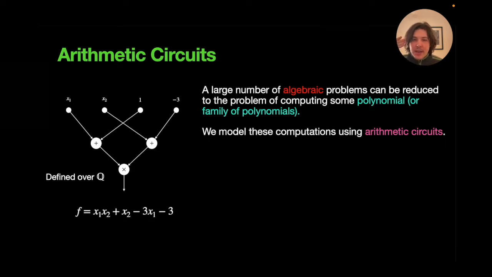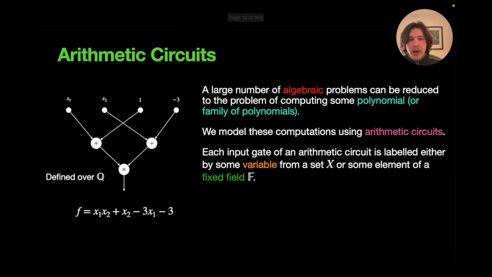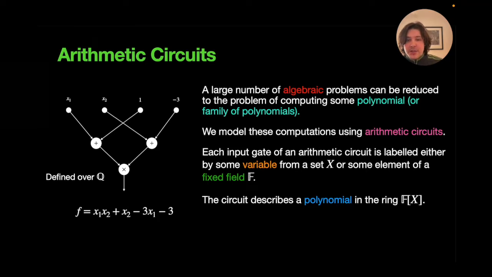Rather, we just recursively evaluate through the gates, and treat the operations at each gate as ring operations in the polynomial ring. Ordinarily the gates are labeled by plus and times, and we recurse as normal, but again, we don't usually replace with values. In this way, each gate defines some polynomial, and the circuit as a whole defines some polynomial at the output gate.